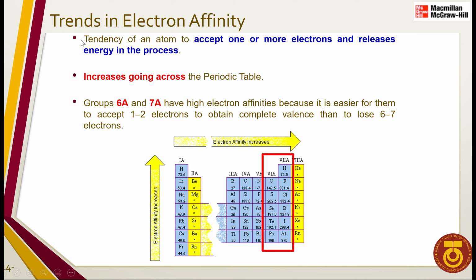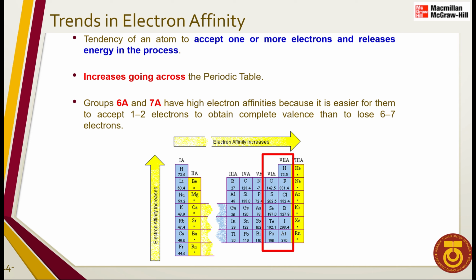The next criterion is trends in electron affinity. As I said earlier, from left to right, the electron affinity increases. This is because the atom has more tendency to accept one or more electrons.